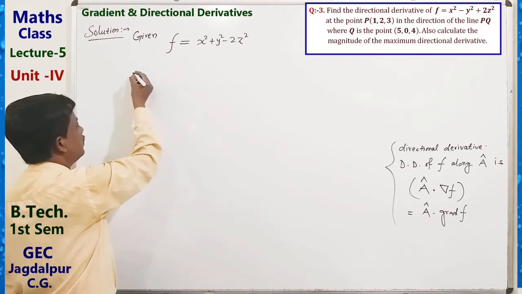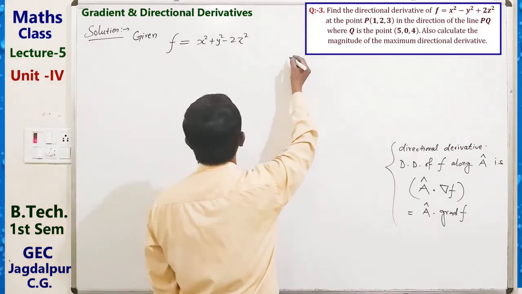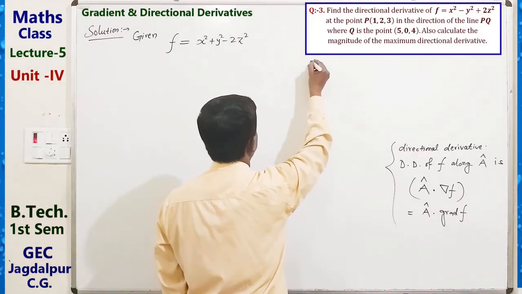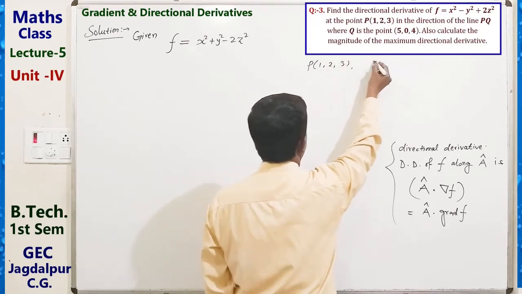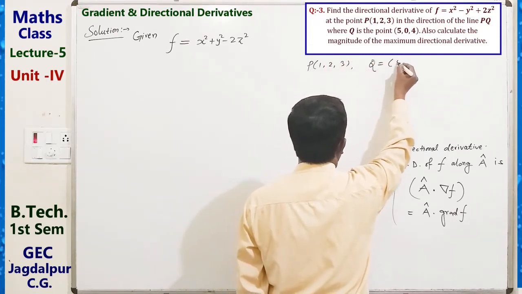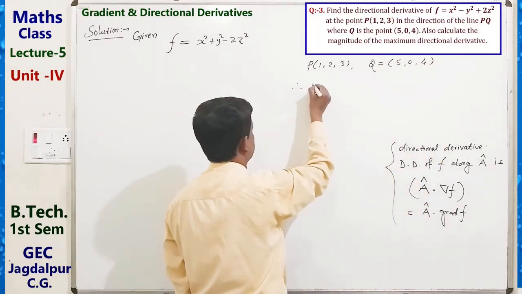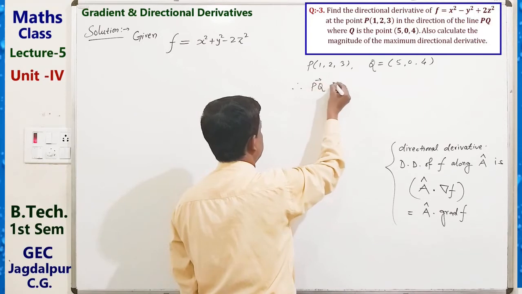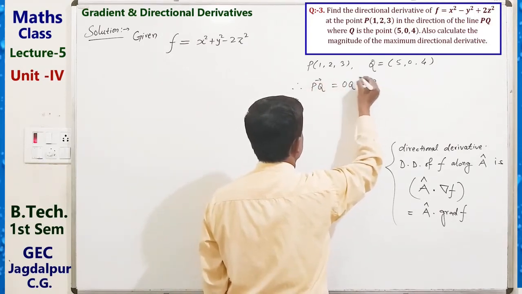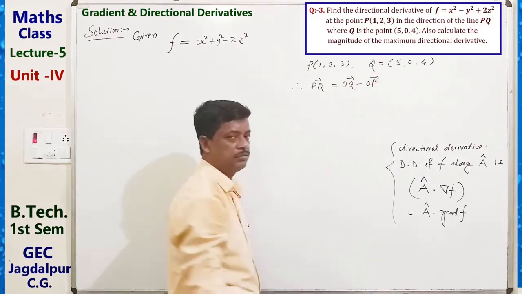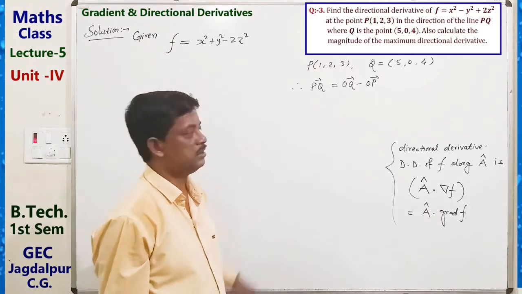And direction a cap is given by P(1, 2, 3), Q(5, 0, 4). Therefore PQ equals OQ minus OP. So we require the direction PQ.